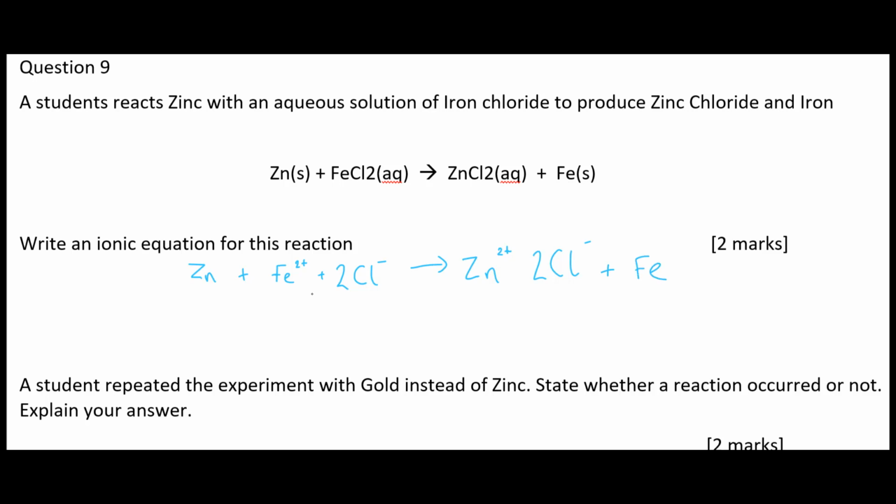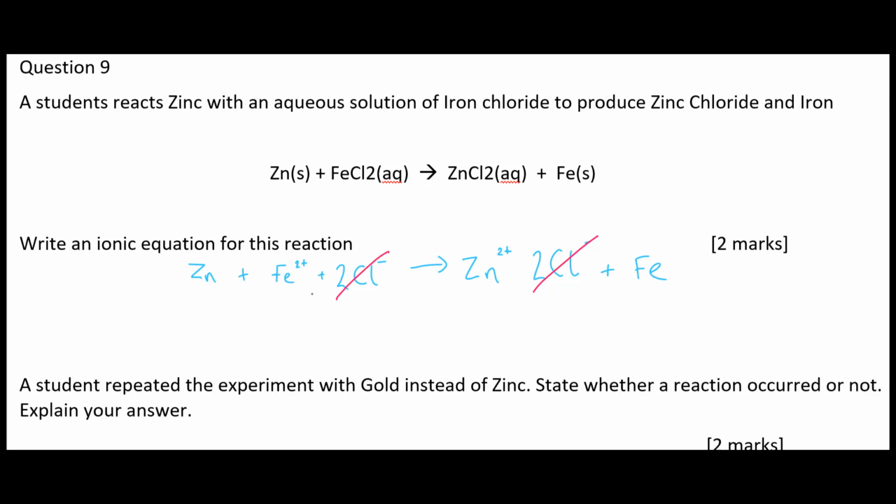Now, this is the easy part. All you guys have to do is cross out the spectator ion that doesn't change before and after the reaction. And hopefully you guys can see that that's the chloride ion. It has not changed during this reaction.